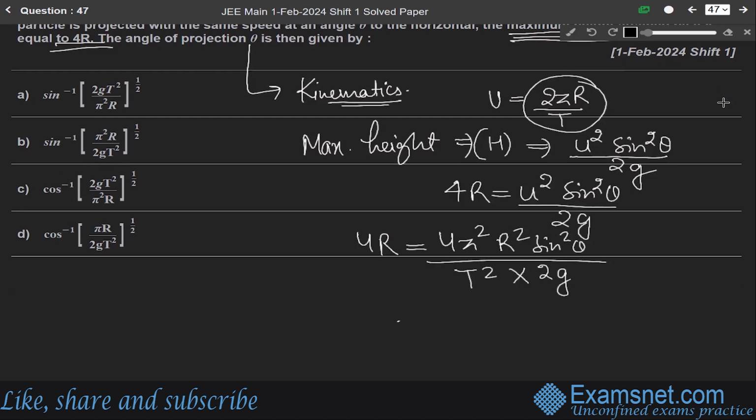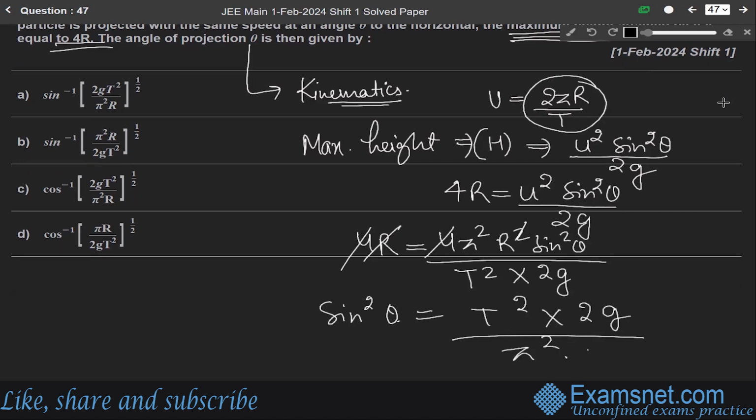So we get sine square theta equals, this 4 cancels, r cancels, t square into 2g over pi square into r.